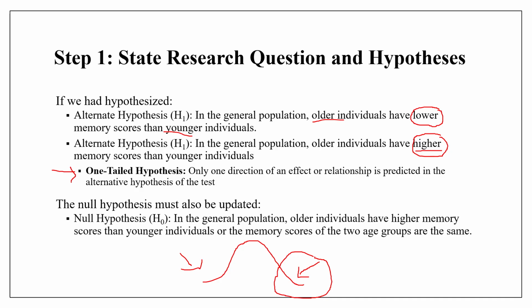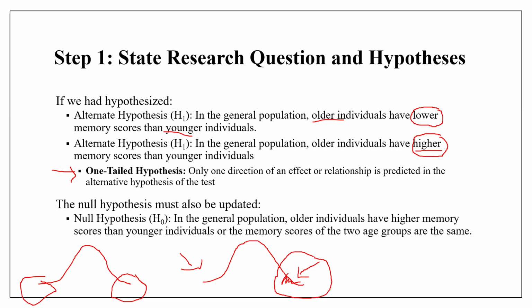And as we're going to see right now, whatever extreme scores we are interested in are going to be all located on this one tail. The two-tail hypothesis, because we don't give it any kind of direction, we're forced to look at both tails. So those extreme scores have to be split between both of them. We're going to come back to this later on. But again, it matters whether you have a one-tail hypothesis or not.